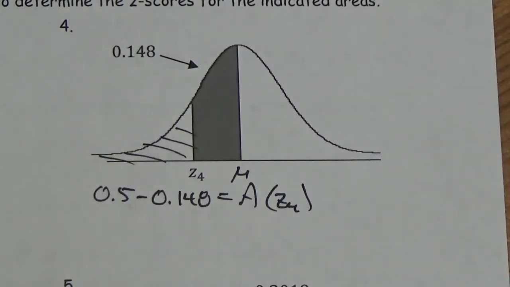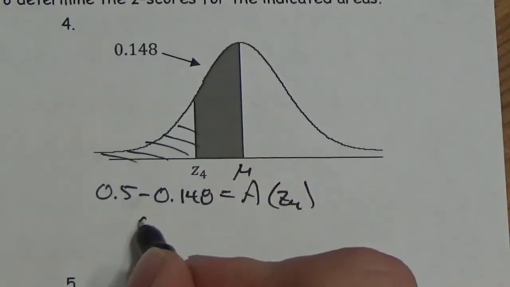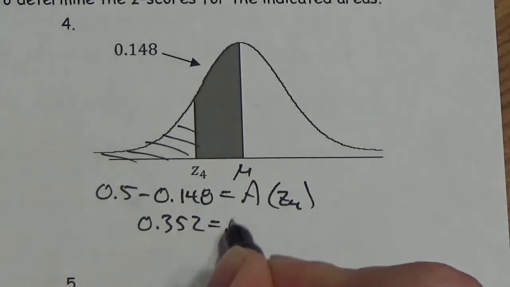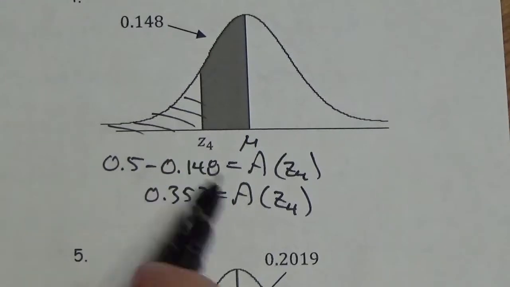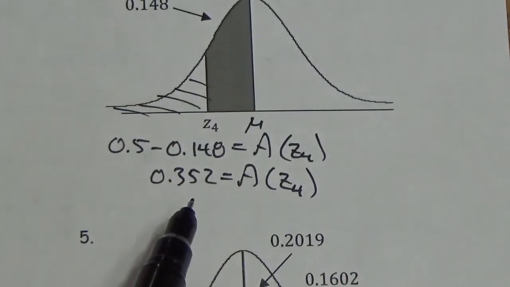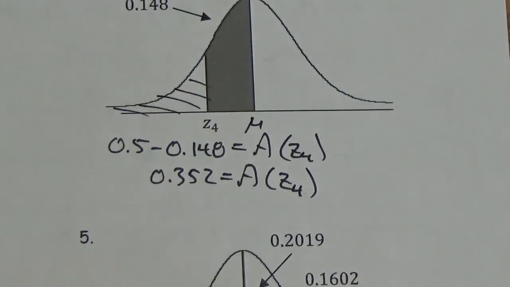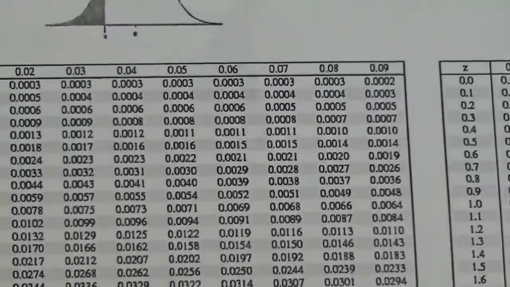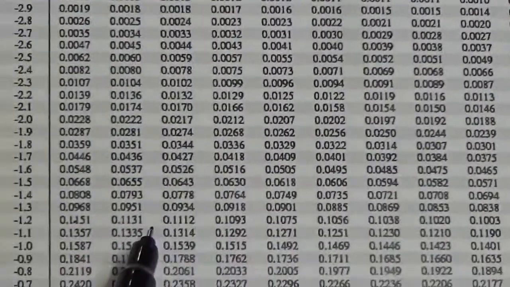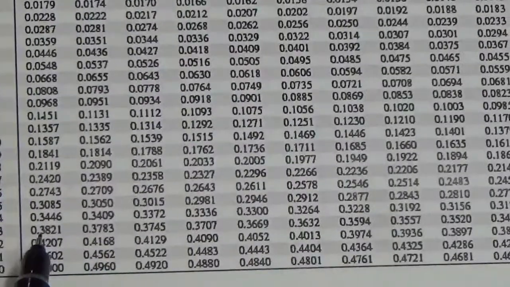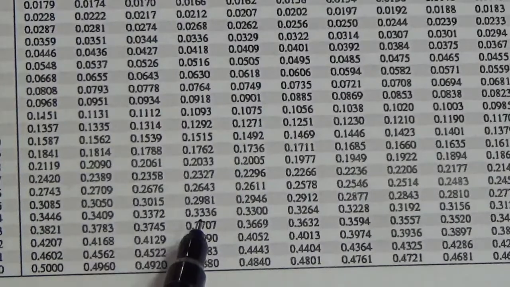So 0.5 minus 0.148. So 0.352 is going to equal the area to the left of that Z value. This is less than a half, so I'm going to go to the left-hand side here, 0.352, and now I just gotta start looking for it. Okay, so 0.3, I see a 0.344 here, so let's go across here.